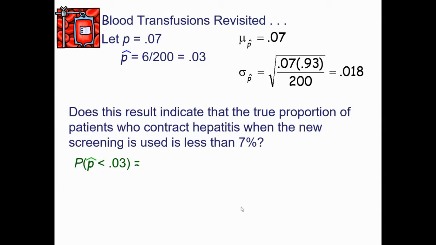At this point, since we assume normality though, we can just turn these into z-scores. And that's what we'll do. We're going to turn them into z-scores.